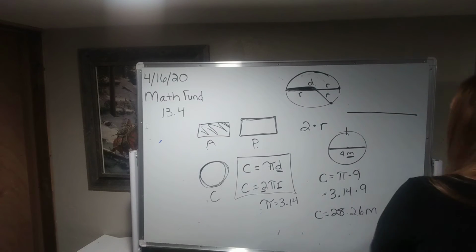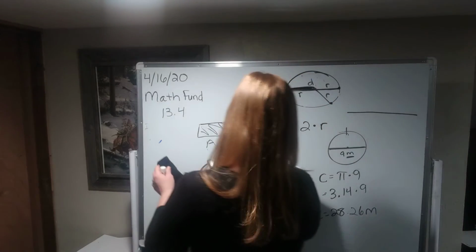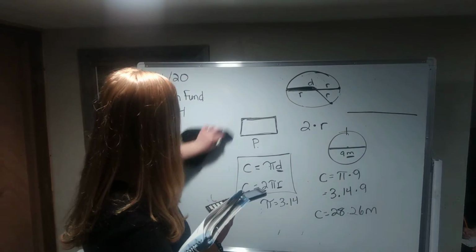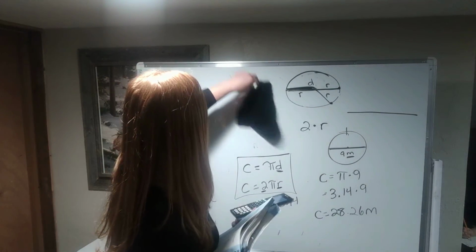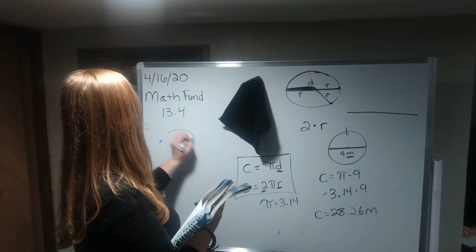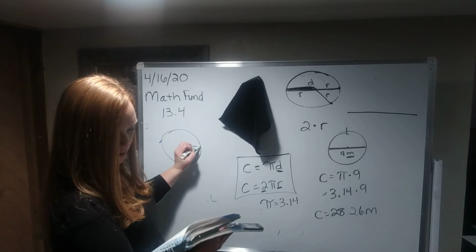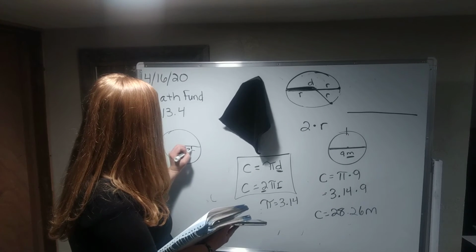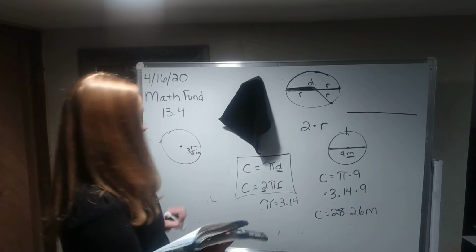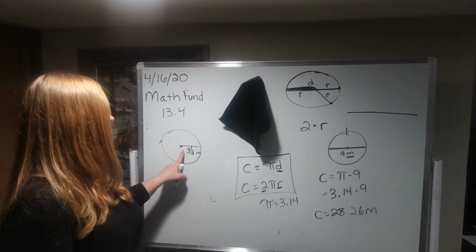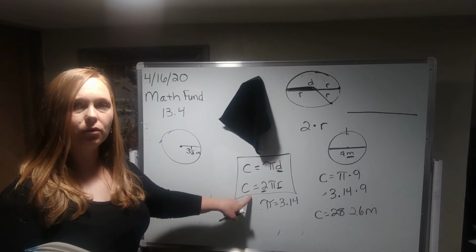Okay, so let's do example B, and I'll come over here and write it. Okay, so example B tells us that we have a radius of 3 1/2 inches. Okay, so we have a radius this time, so we're going to use our formula with radius in it.